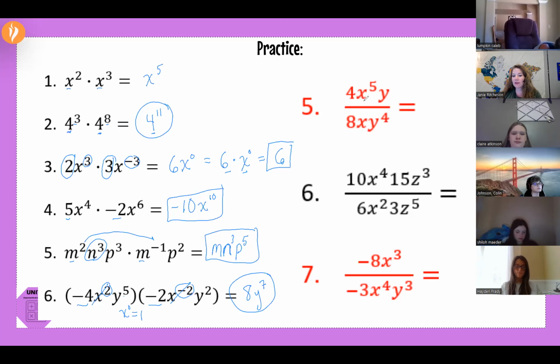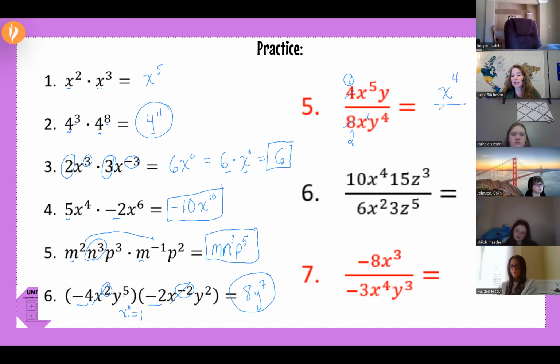All right, number 5. So the first thing we're going to do on number 5 is we're going to simplify our coefficients. We can divide 4 and 8 by 4. So 4 divided by 4 is 1. 8 divided by 4 is 2. And then we're going to take care of these exponents. So 5 minus 1 is 4. There's more x's on the top. So x to the 4th belongs in the numerator.